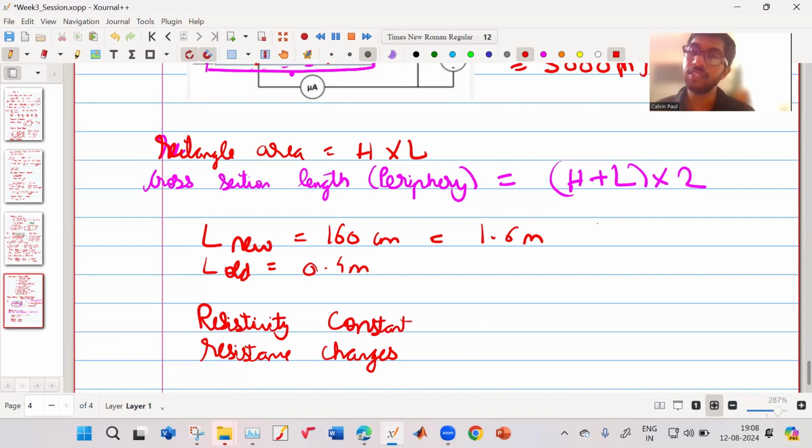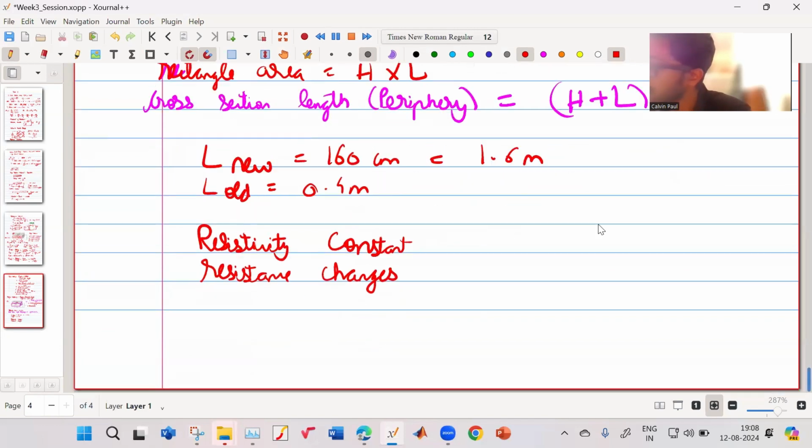But the resistance will depend on how much length. If you increase the length, the resistance will increase. If you make the length less, the resistance will decrease. But your resistivity will be the same. If your length is 1 meter or 100 meter, your resistivity will remain the same. That is why resistivity is important to calculate. If you calculate your resistance, you will have the base. Then whether you increase or decrease, accordingly your resistance will change. But your resistivity remains constant.